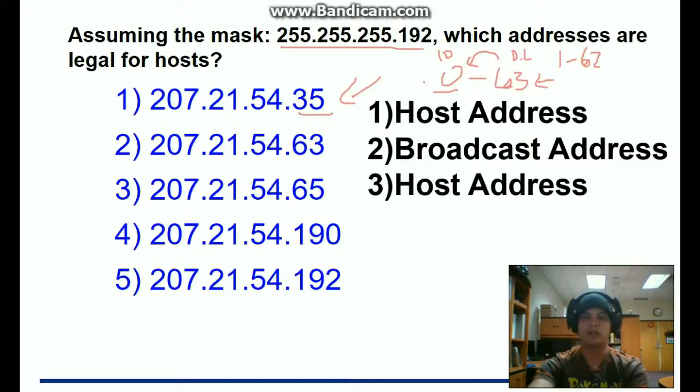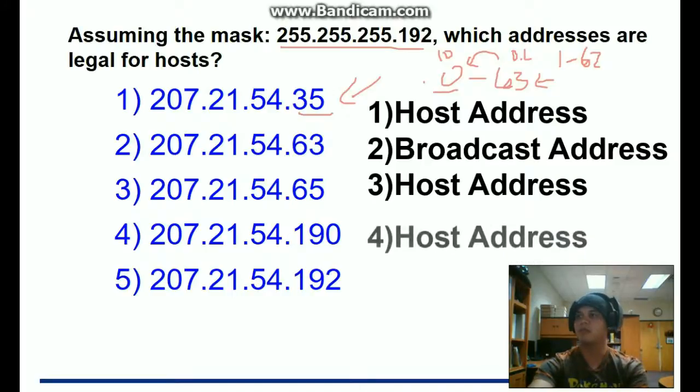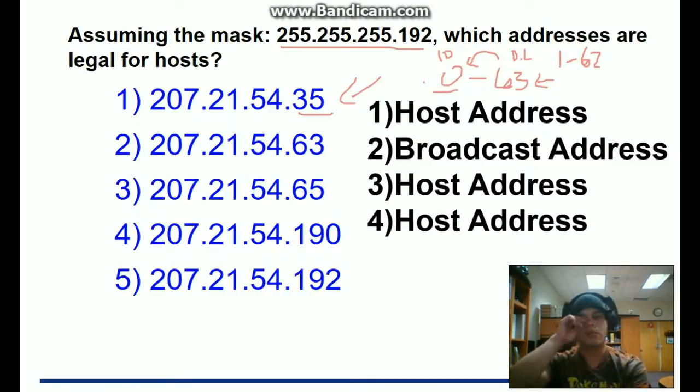What about 190? Is that available? Yes, it is. Because we're rotating by 64, so we go 0, 64, 128, 192, I believe, and then that should be it. So 190 is the last available host IP address. 191 cannot be used because that is a broadcast address for the 128 subnetwork.